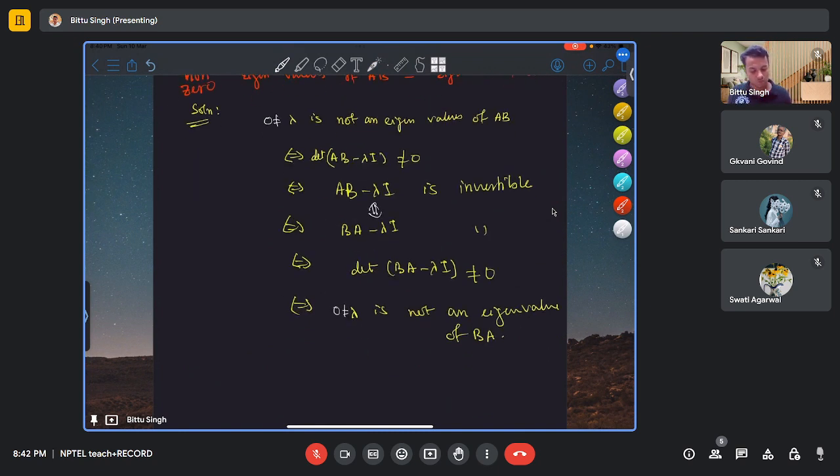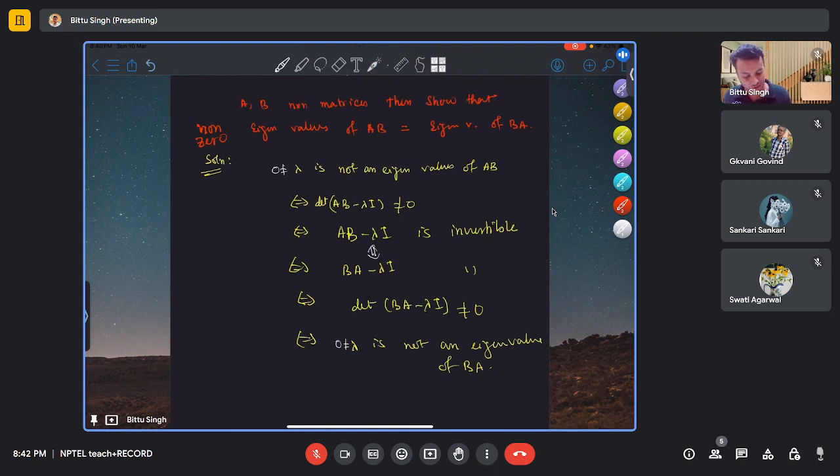And now the general fact: non-zero eigenvalues are the same, and AB and BA both have the same number of eigenvalues, right? Because AB and BA are both n by n matrices, there will be n eigenvalues. So non-zero eigenvalues are the same. Then the remaining zero eigenvalues must be the same, because suppose there are k non-zero eigenvalues.